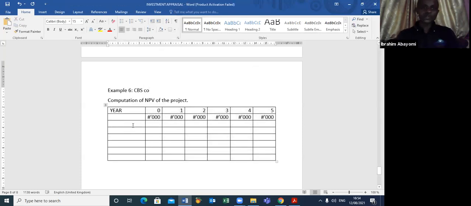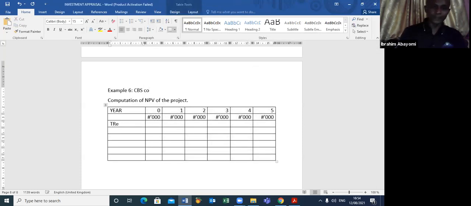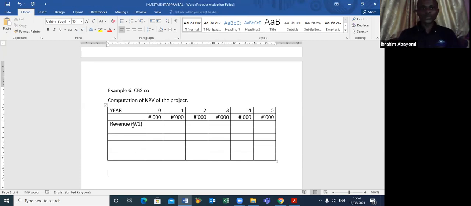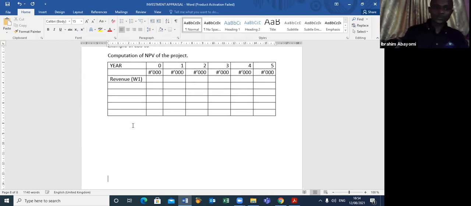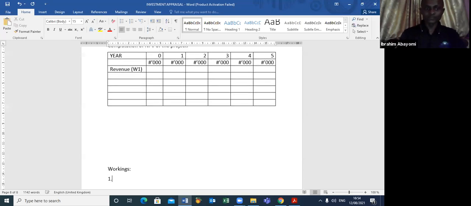Okay, so the first one is revenue. And that should be work note 1. Revenue is work note 1. So let's go and do our workings down here.